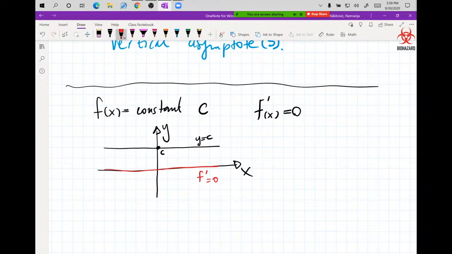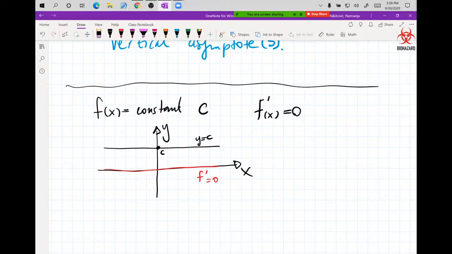Because if you take a look at what maximum means, if you have a maximum here, it's higher than all of the points on left and right of that. And the minimum the same way. Minimum is the lowest point to all of the points to the left and to the right. So when you have a straight line like this, then every single point along that line is minimum and maximum at the same time, right?